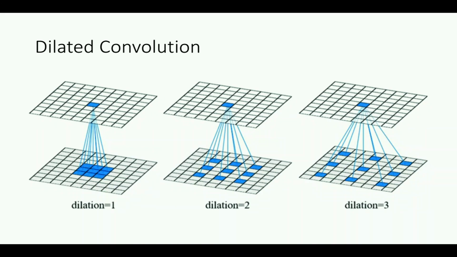So it's actually a very cool technique where, if you think about it, you don't increase the capacity or the complexity of your model, because the number of parameters in each filter is the same, but now these filters are more spread out and capture a little bit more global information. So you might ask what happens to these empty pixels that you're not scanning.